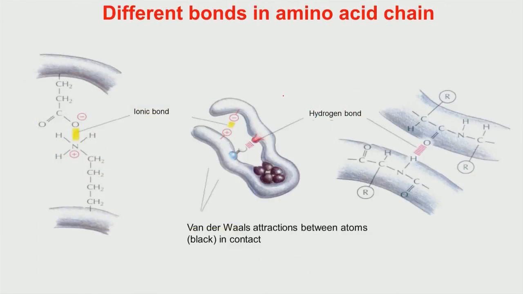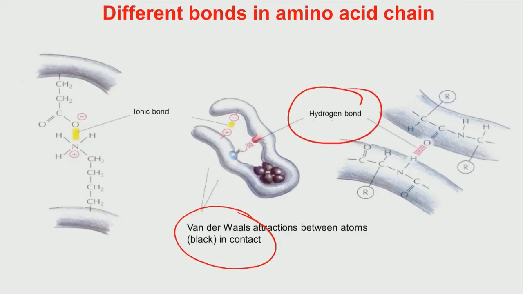Now, among the different types of bonds in the amino acid chains, mostly weaker van der Waals bonds or hydrogen bonds are present, and to some extent ionic bonds as well. One advantage of these hydrogen bonds or van der Waals bonds in the protein structure is that, if required, they can be broken very easily. As a result, two polypeptide chains can be separated as and when necessary.